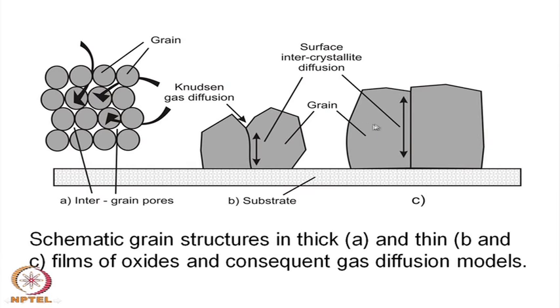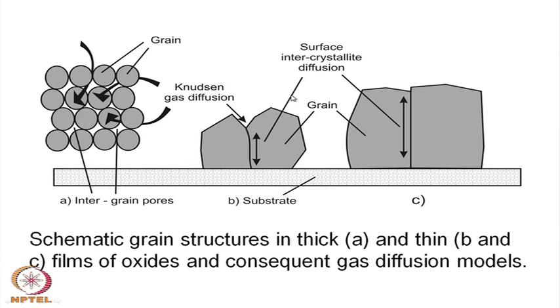So, these are two grains and in between there is a grain boundary, and grain boundaries are normally a defective structure, and diffusion, even for gases, can take place much faster. So, the activation energy for diffusion of gaseous molecules or atoms is much lower along the grain boundaries than through the bulk.